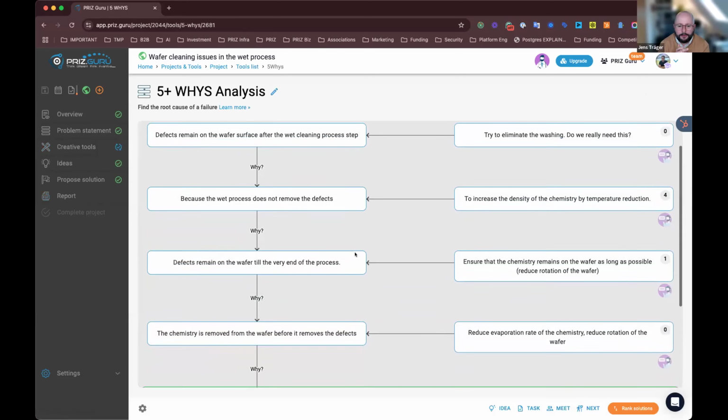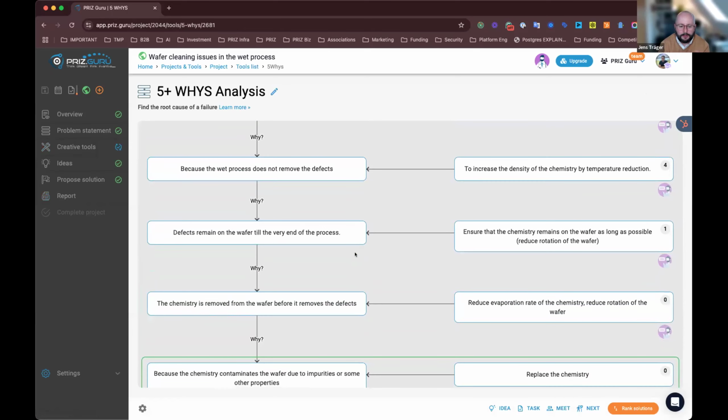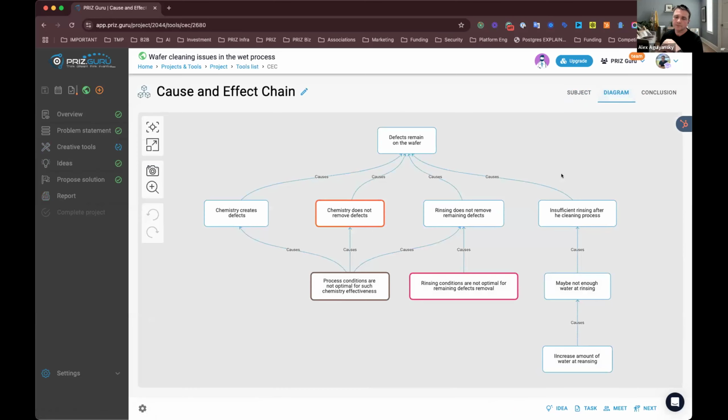And what I was wondering is, if we look not at the 5 times why, but the cause and effect chain of your wafer example, what would you suggest in this diagram? How could we best identify a cause to work on to find a solution to prevent the problem from happening? At what level would you suggest working, or how to identify that specific cause to work on?